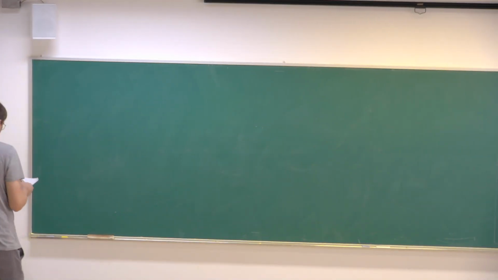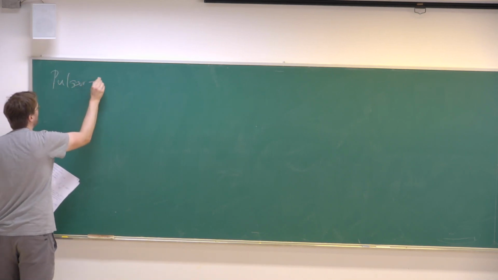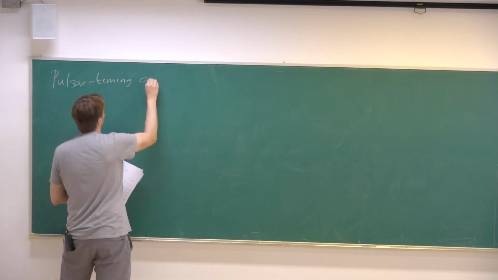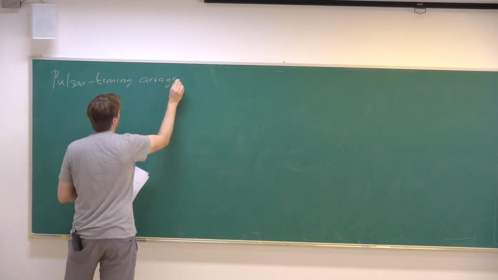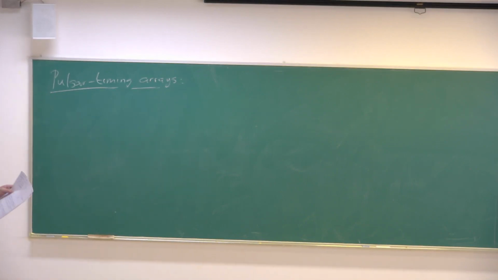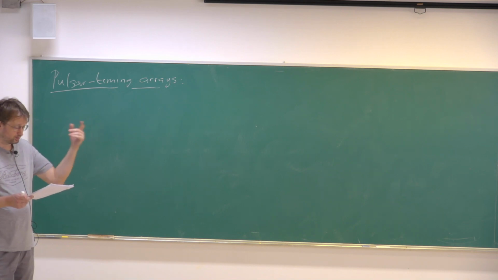Okay, so finally, there's another type of observatory, and these are so-called pulsar timing arrays. The way these work is they observe a large number of so-called millisecond pulsars, which are pulsars with spinning periods of milliseconds.